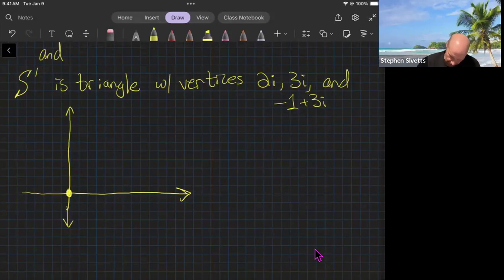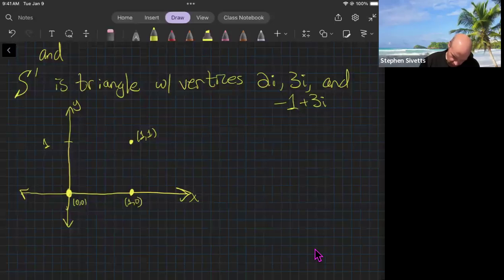We have one at 1 plus 0i. So the origin, the point 1, 0, and the point 1 plus i, so 1, 1. Okay, so this is our right triangle here.